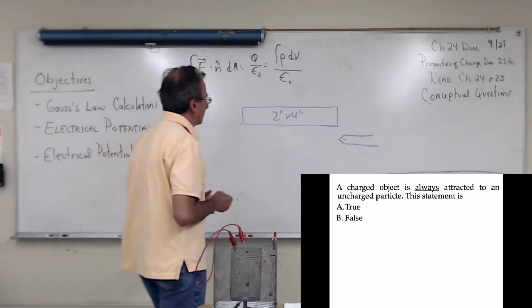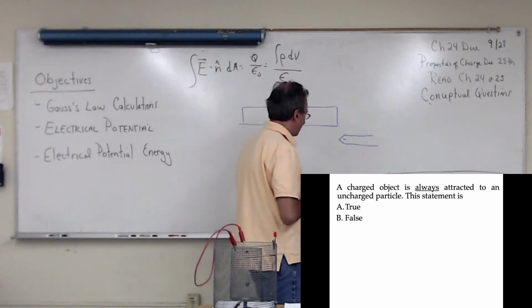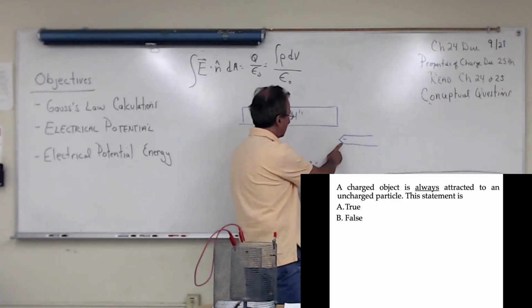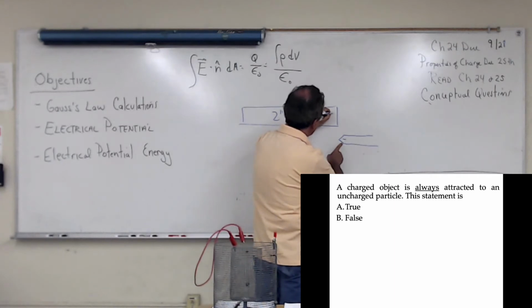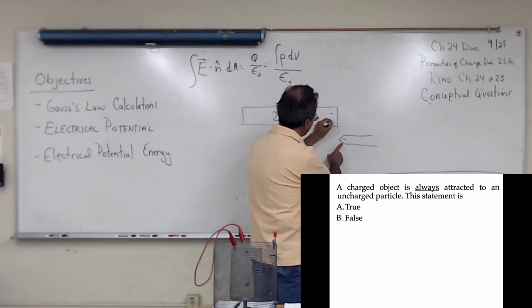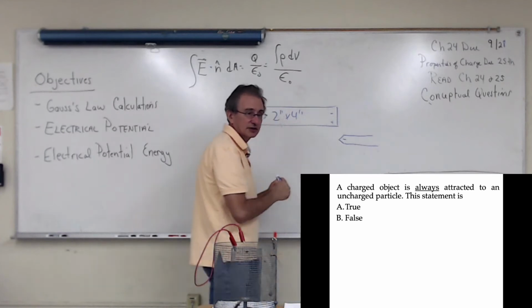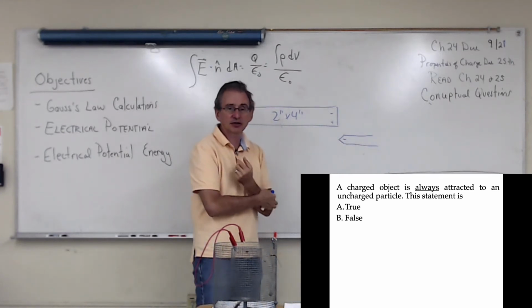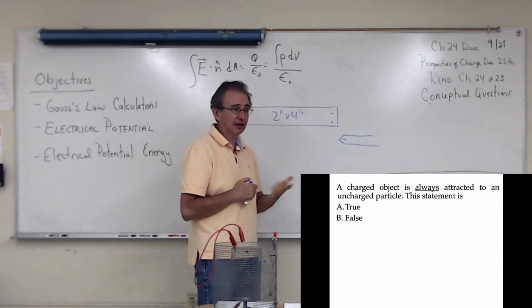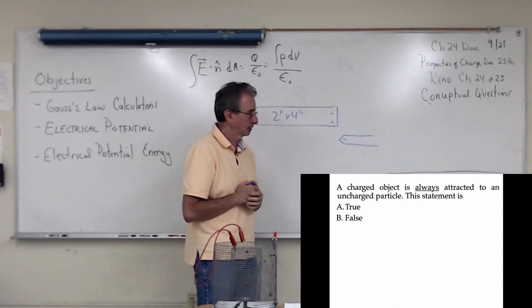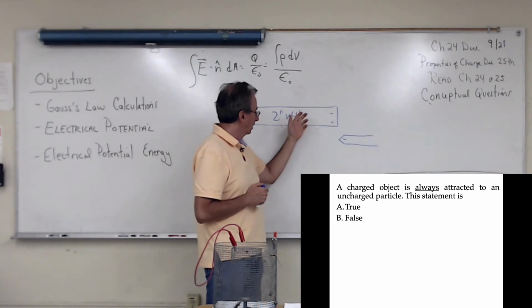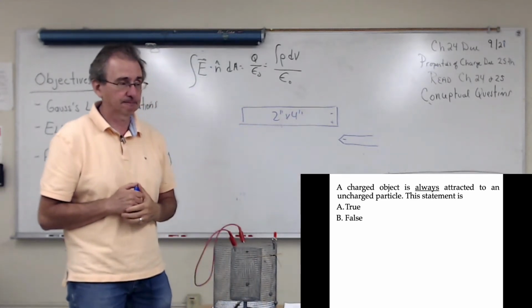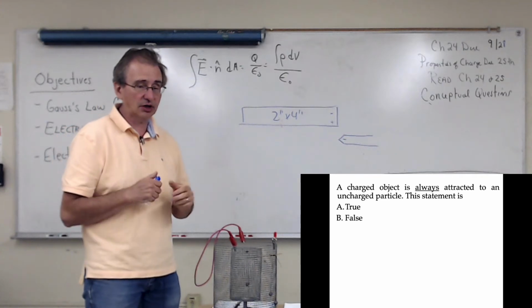And what happened to the charge in the 2x4? Well, the electrons in the 2x4 don't like the electrons here, and so they would move away as far as possible, leaving a net positive charge on the surface closest to the negatively charged rod. And when they did that, the 2x4 was attracted to the charged rod. And the 2x4 was uncharged.